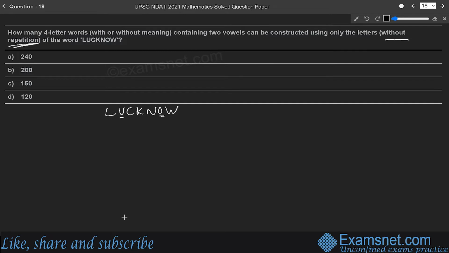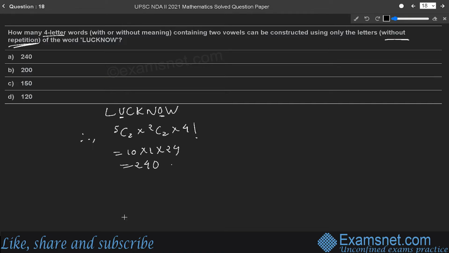U and O are the two vowels and the remaining are five consonants, and we have to make four-letter words. Therefore, four-letter words will be 5C2 into 2C2 into 4 factorial, which will be equal to 10 into 1 into 24, which will be equal to 240.